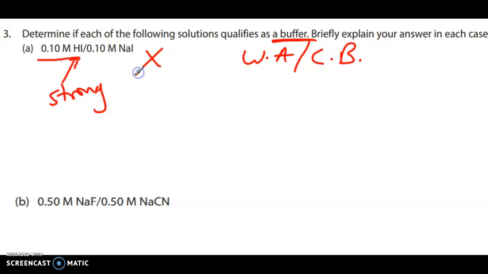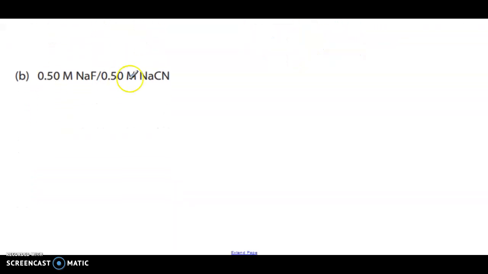So automatically, I know this first one cannot be a buffer because we're dealing with a strong acid, which does not have equilibrium. Part B, we have NaF, so fluoride ions, which is a conjugate of a weak acid, and we have sodium cyanide, which is another conjugate. So we have two different bases, and there's no weak acid present. We have two bases.